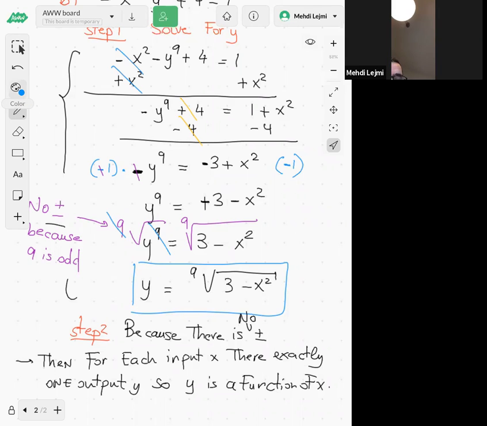I just multiplied each term by a -1: the -3 multiplied by -1, and the plus x squared multiplied by -1. So each term is multiplied by a -1.